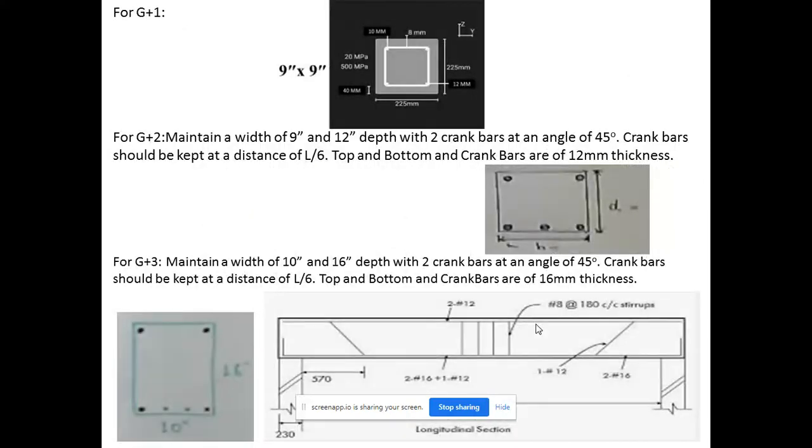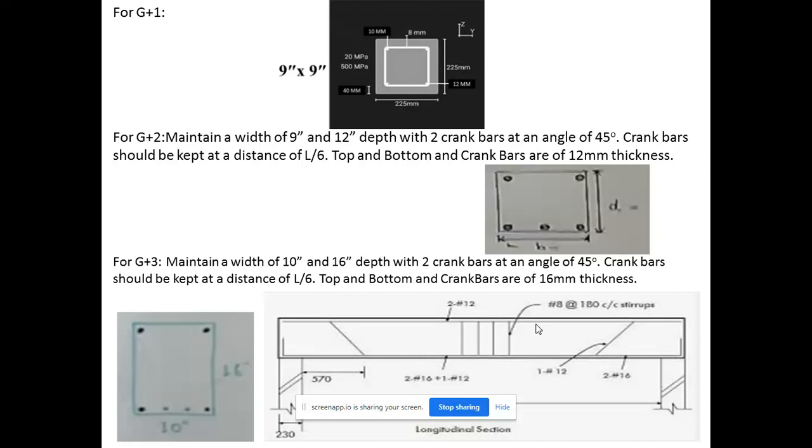Similarly, for G+1, some standard diagrams for a 9-inch by 9-inch slab beam for G+1. For G+2, 9-inch by 12-inch with 2 crank bars at an angle of 45 degrees can be used.